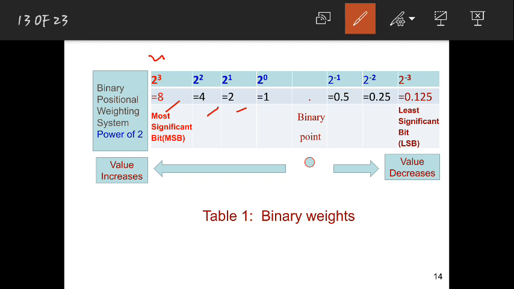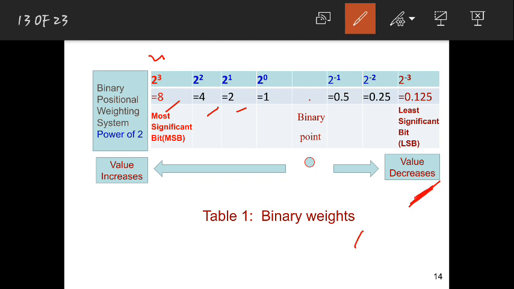You will write the binary number in this way, and if you need more, you can write 2 to the power of 4, 2 to the power of 5, and keep on increasing. After the binary point, if you want more bits to be added, then you can write 2 to the power of minus 3, minus 4, minus 5, and keep on writing. Where it ends towards your right, this will be the least significant bit.